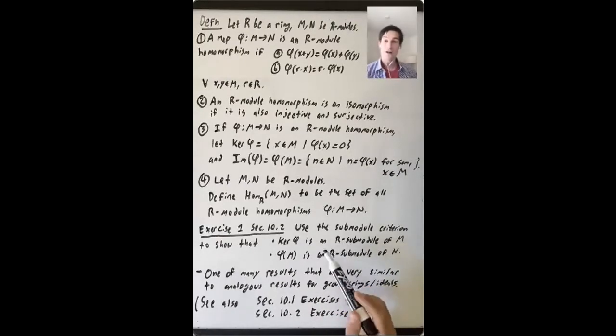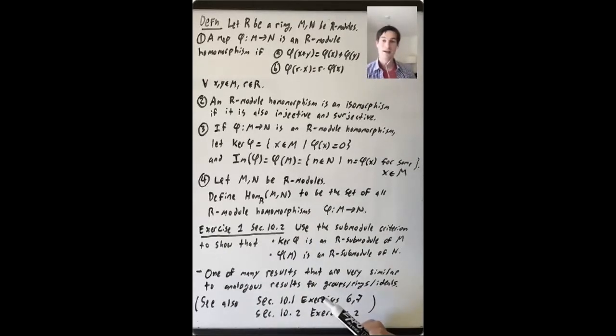And often what happens is you have the corresponding argument that works for groups, and now you just need to check one additional thing about the action of your ring R on your sets. So you have to check everything works as it did for groups, plus something additional about the action of R on your elements.